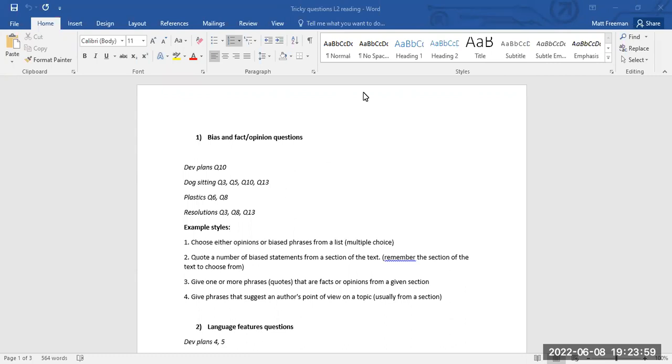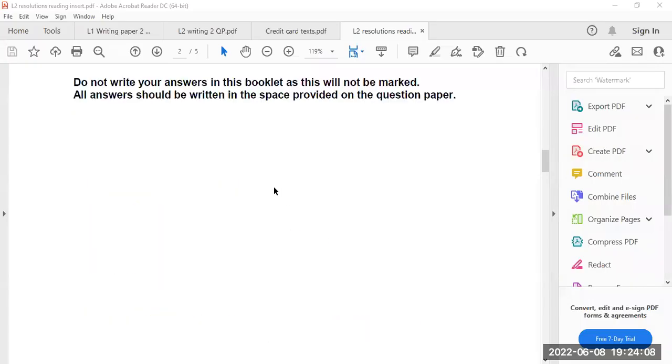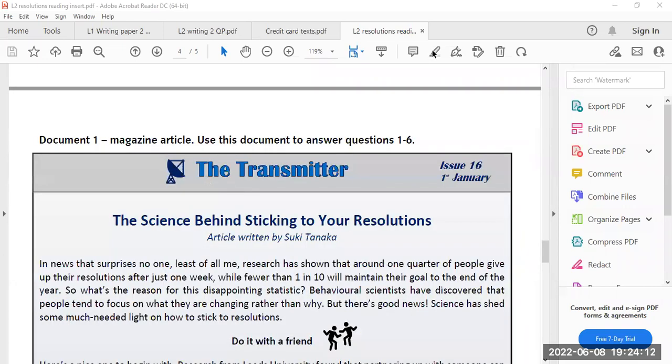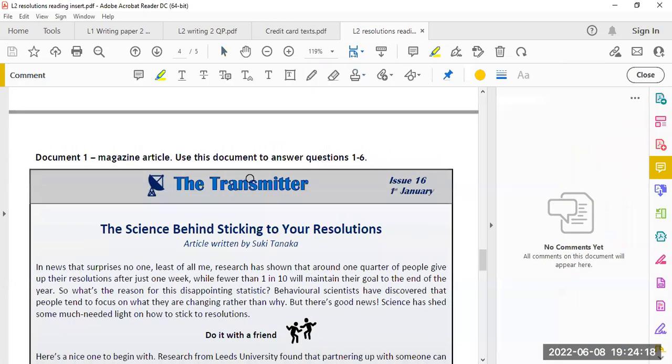So we're going to have a quick look now to see what that might look like in practice. I'm going to use the insert here from the resolutions paper if you've got that open. Now, one thing to bear in mind here is that bias is essentially where the author's opinion is coming across.